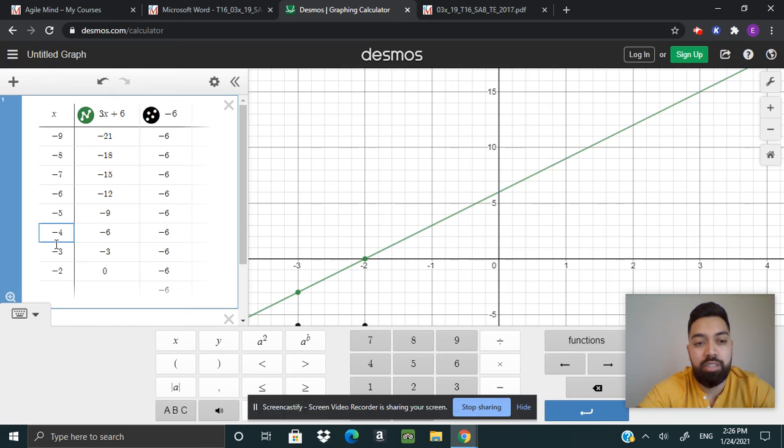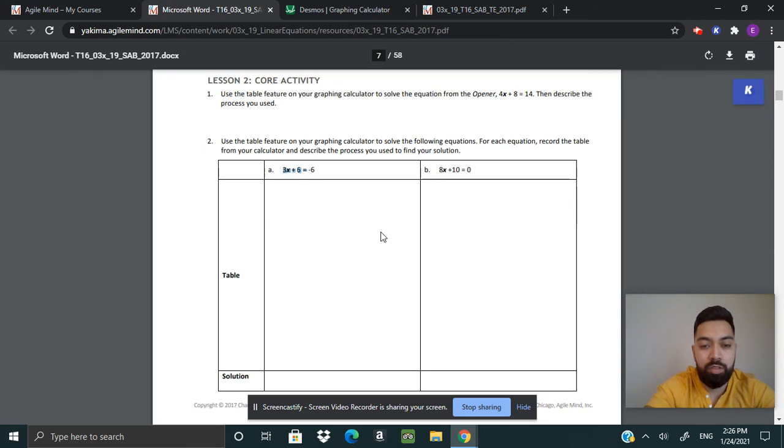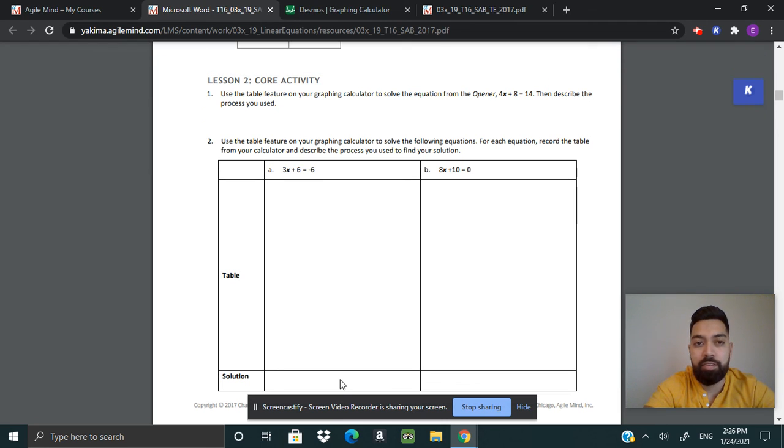X equals negative 4. So at this point, you want to copy this table over to this blank space. And then for your solution down here, you're simply going to type in X equals negative 4.